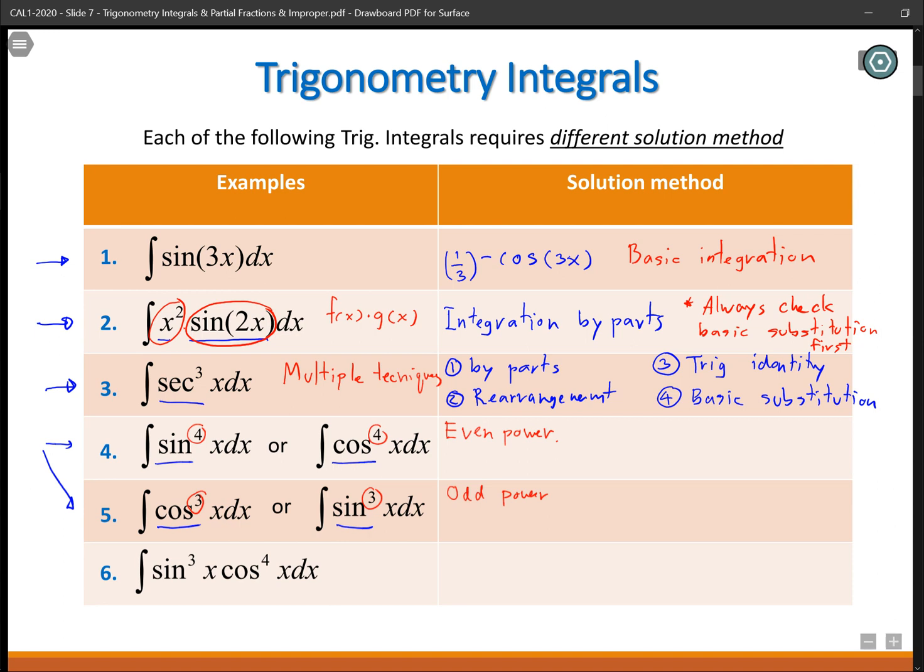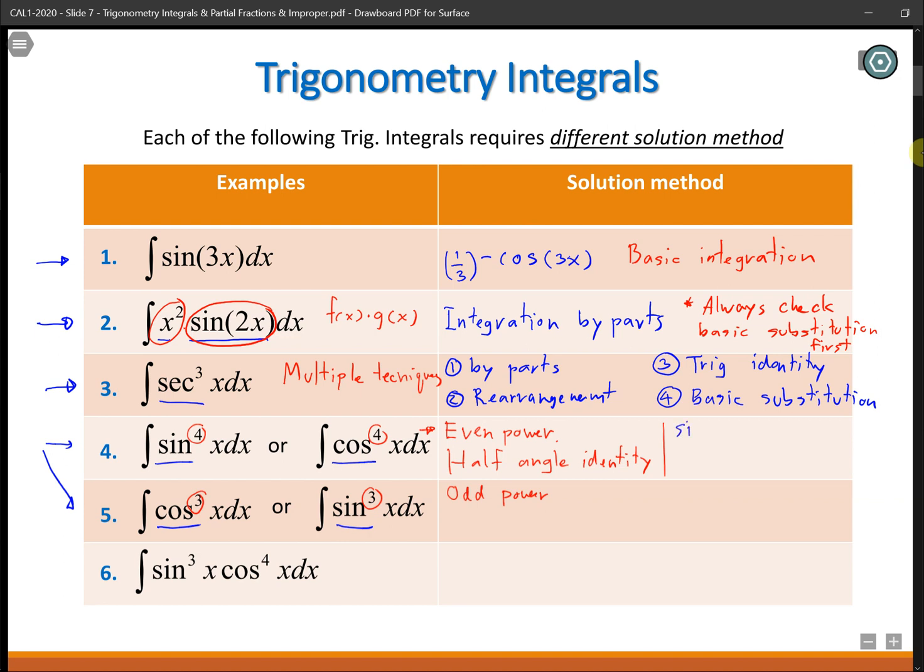Okay, so in this case, when the power is even, you need this technique called half angle identity. Keep in mind that when you encounter power that is even, you apply this half angle identity. And when we talk about this half angle identity, it's about this.